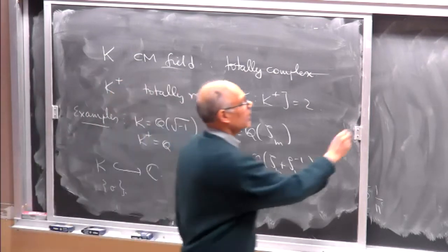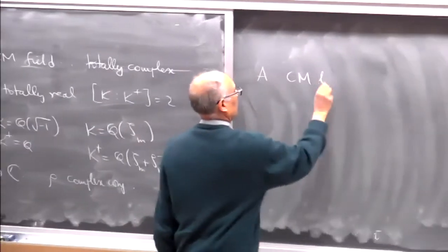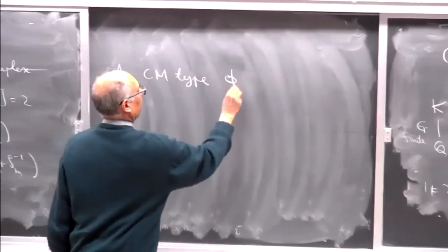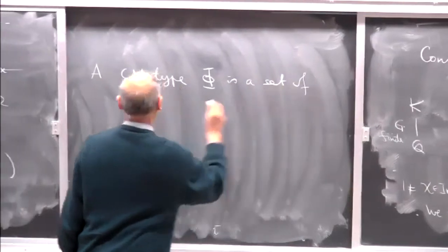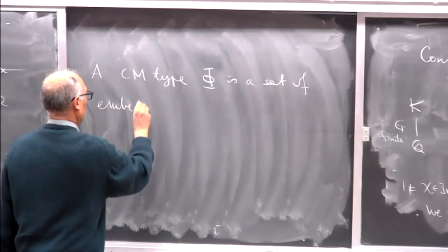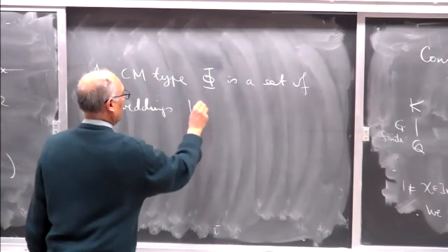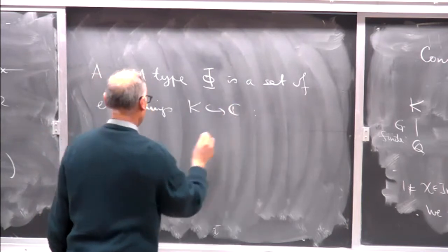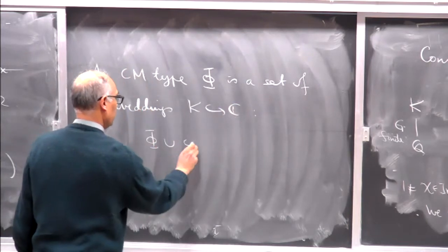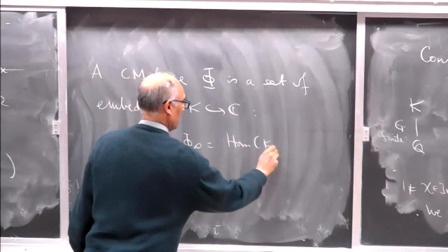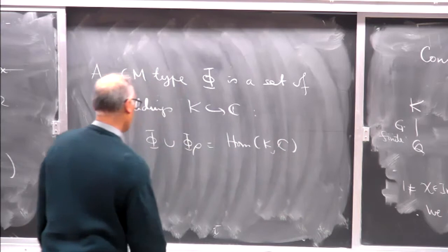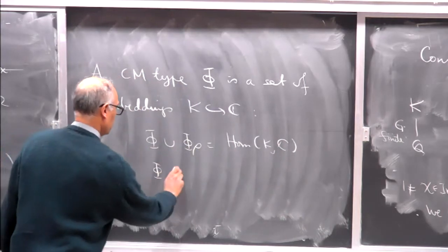A CM type Phi is a set of embeddings of K into C such that Phi union Phi rho is the whole set, and Phi is disjoint from Phi rho.